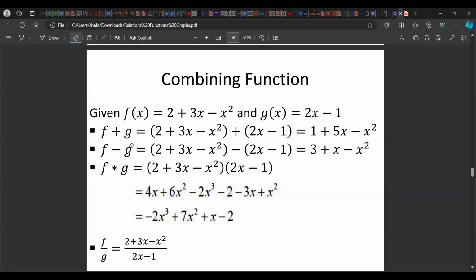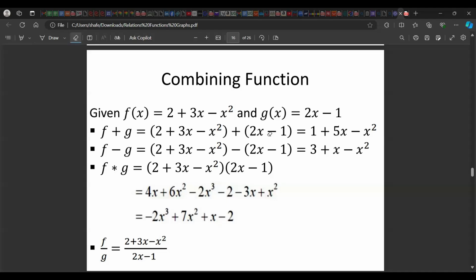So we add them, right? And remember, we were doing addition of algebraic expressions. You all remember we did that? Where you add like terms, right? Look, 2 minus this one gives you 1. 3x plus this 2x gives us 5x.